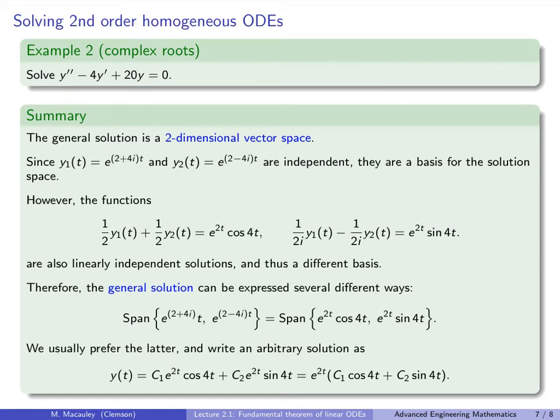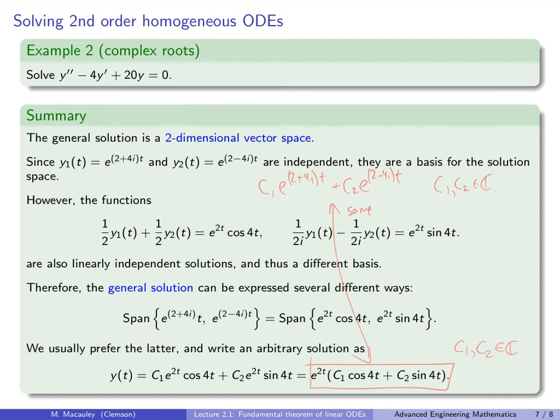And once again, this as a set of functions, if we're looking at all c1 and c2 that are complex numbers, here we have to use complex numbers because we've been having i's in these functions, is the same as a set as c1 e to the 2 plus 4i times t plus c2 e to the 2 minus 4i times t, if we're looking at all c1 and c2 in the complex numbers.